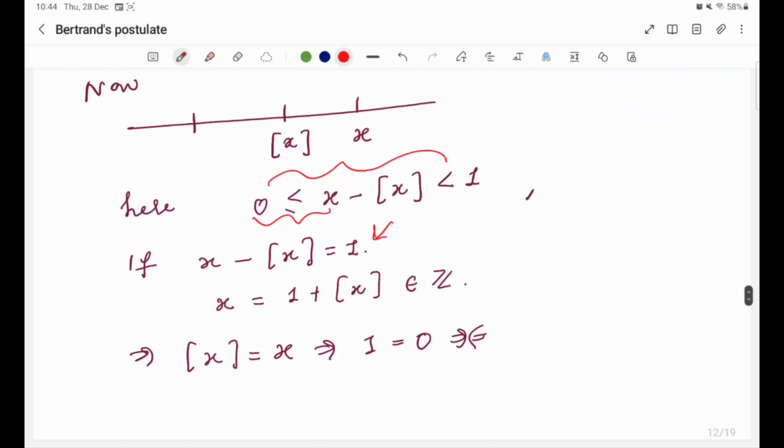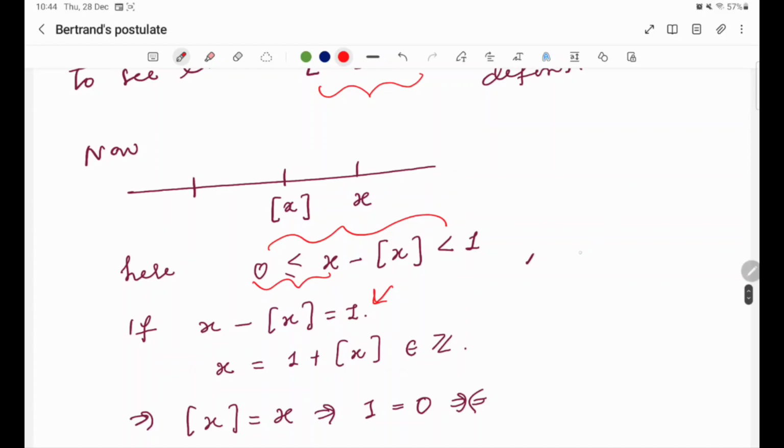So look at this. Suppose x minus box x is equal to 1, right?